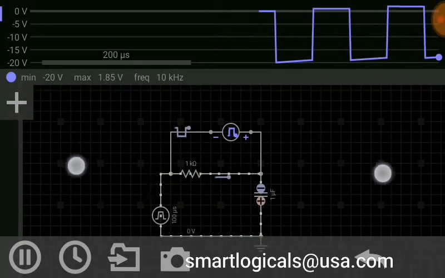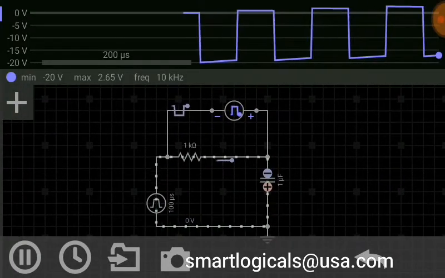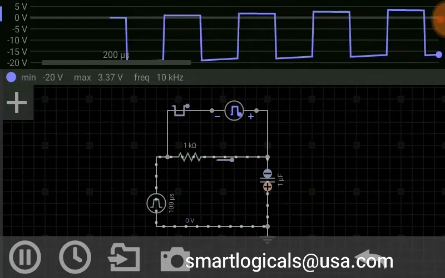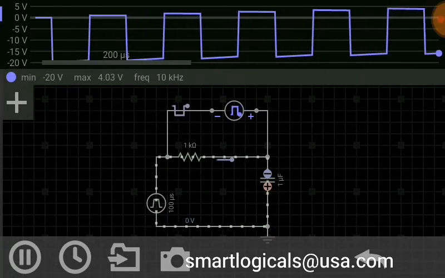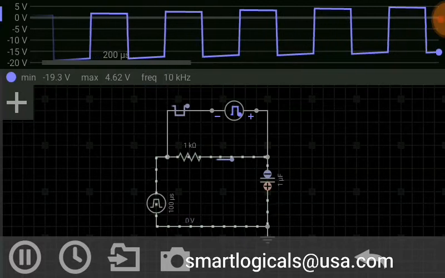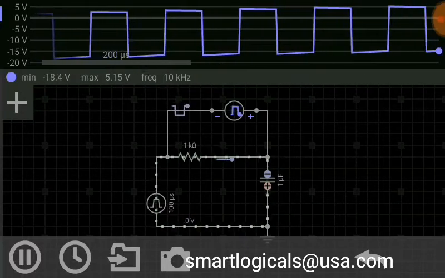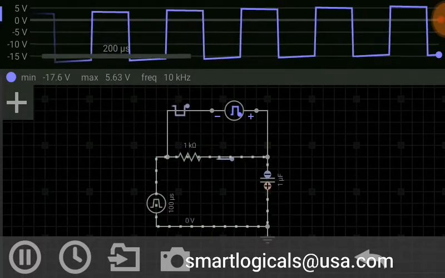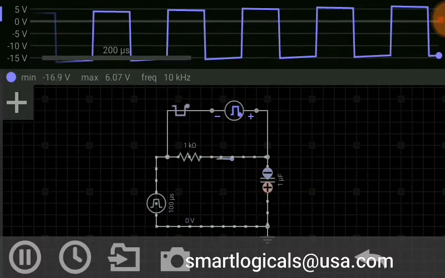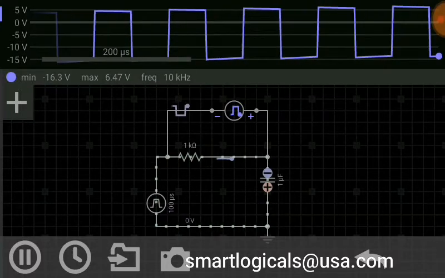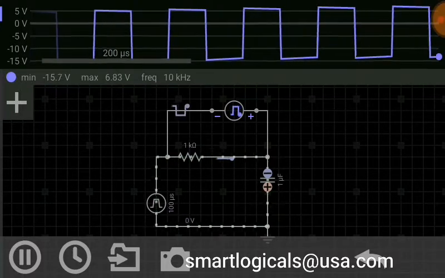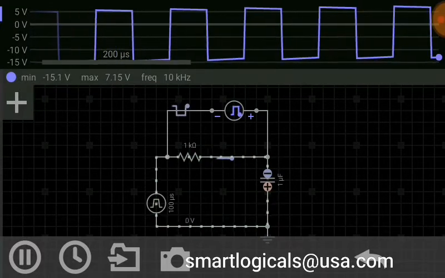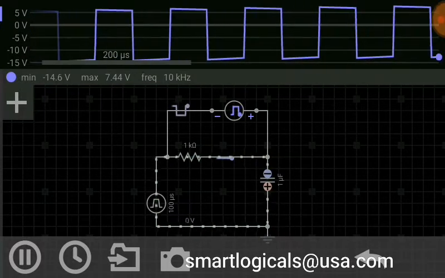This waveform is when the applied input is of high frequency compared with the time constant, 10 kilohertz frequency.